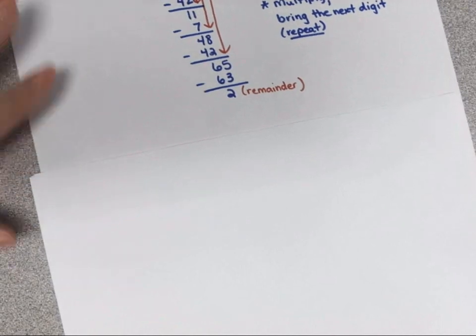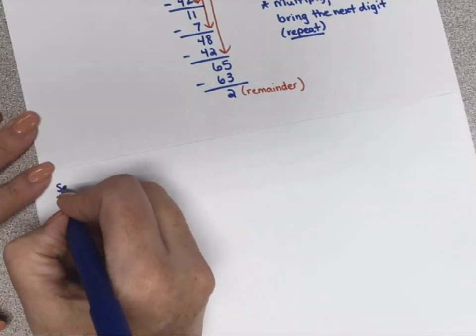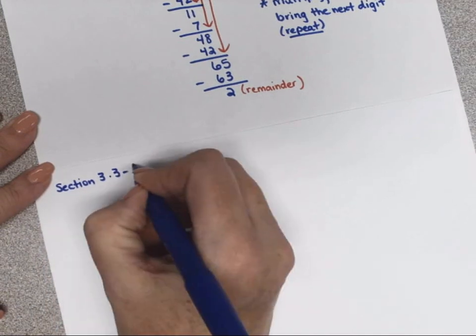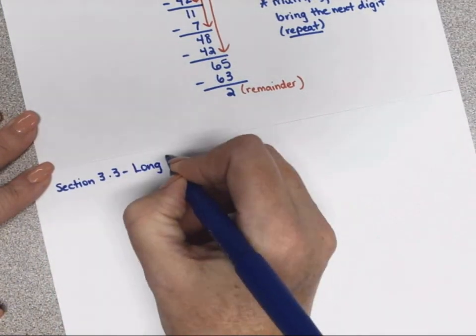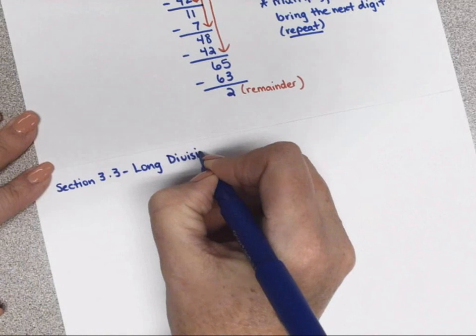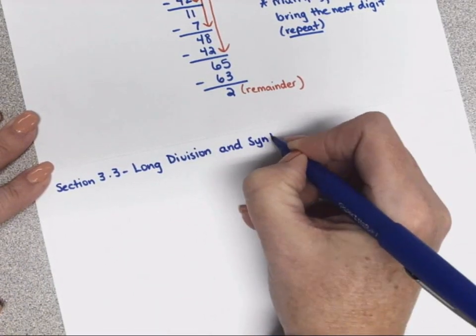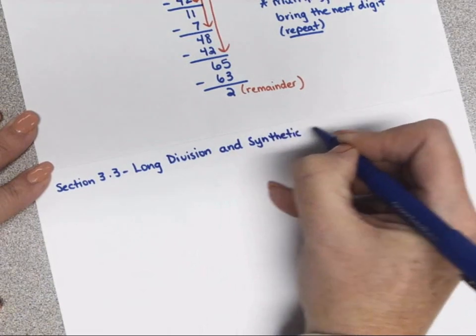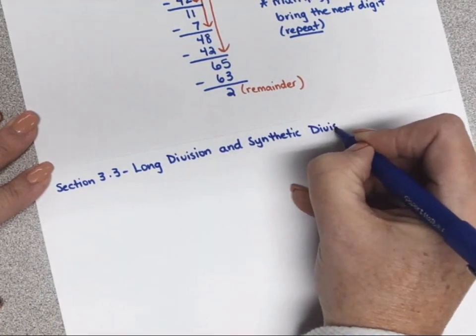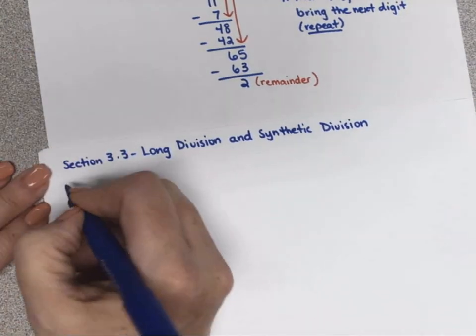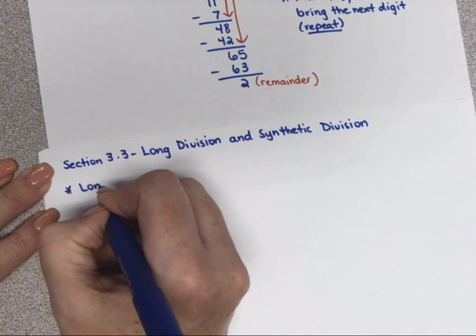Okay, so put that warm-up off to the side. You can include it as part of your notes if you'd like to, but you certainly don't have to. So we're going to look at a process called long division. What we just looked at was called long division. And then we're going to look at a quicker process called synthetic division. But both of these are forms of division. Okay, and so let's talk about what we're doing here.